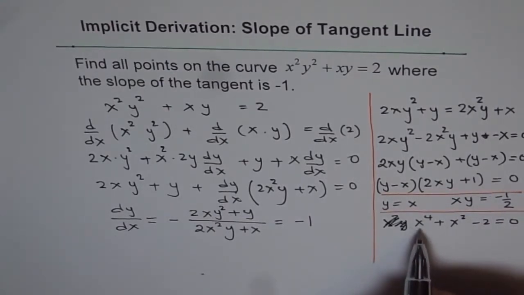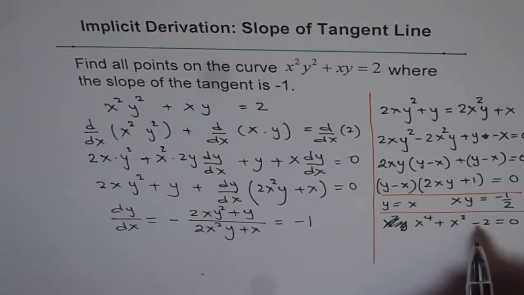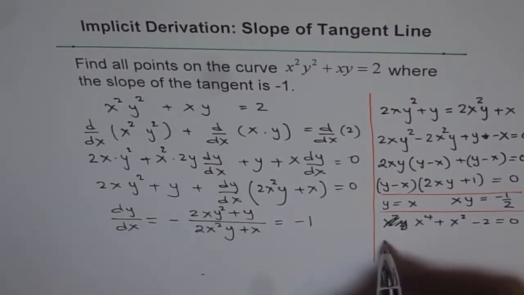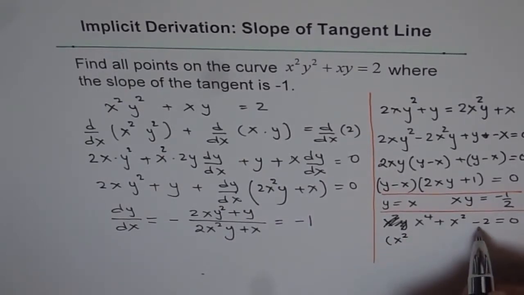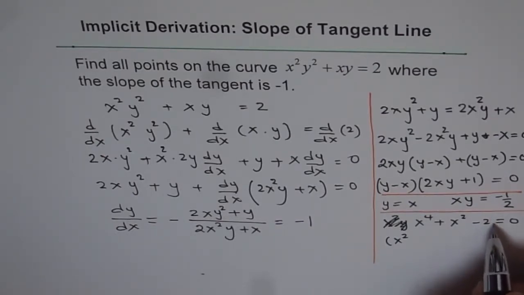Now this is a quadratic equation, so we can factor it. Minus 2 is the product of minus 2 times 1, and 1 times minus 1 times 2.